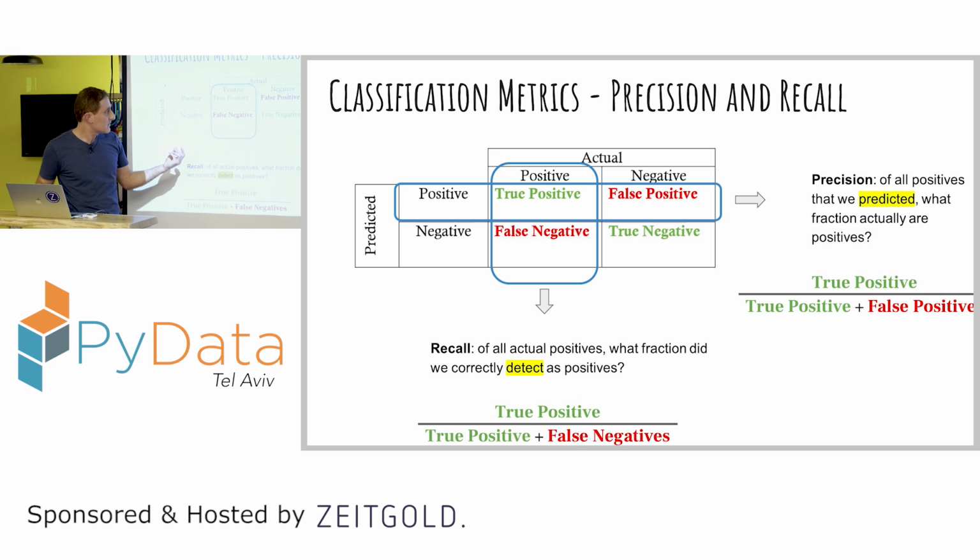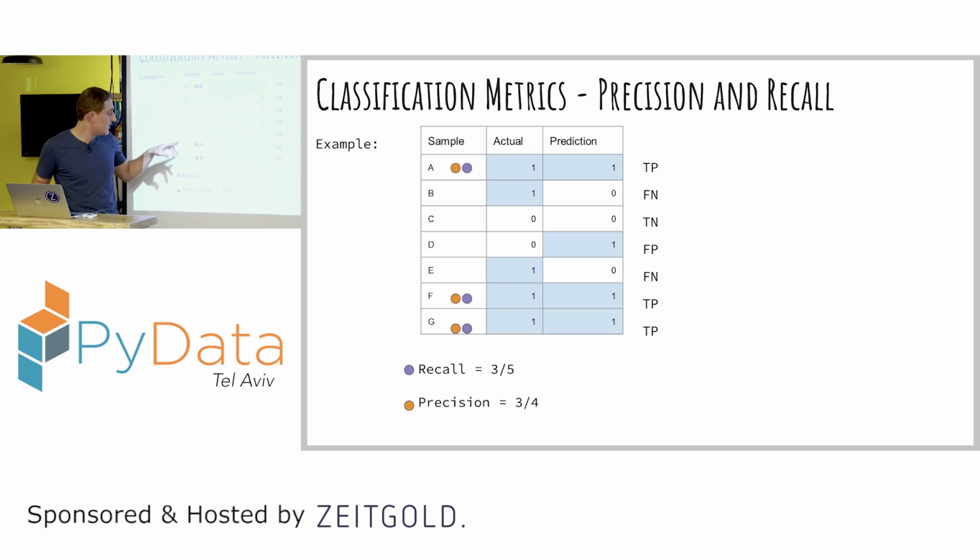Earlier it was also true positive, but divided by the total real positives. We can see an example here, recall and precision. These are the same places, but we divide by different numbers because we have 5 actual and only 4 on the precision.